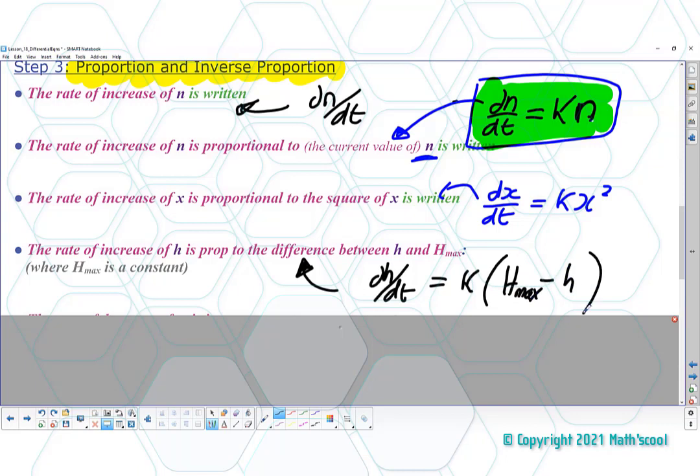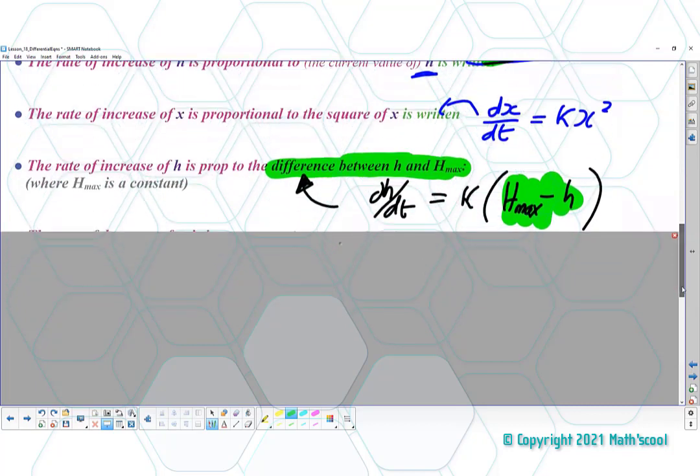Lovely. The difference between h and h max is the subtraction, h max minus h, and then it is proportional to means k times that.